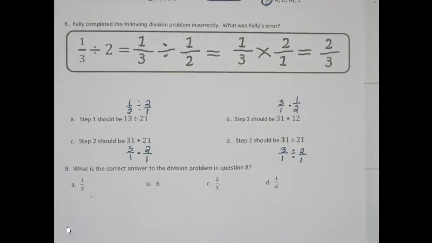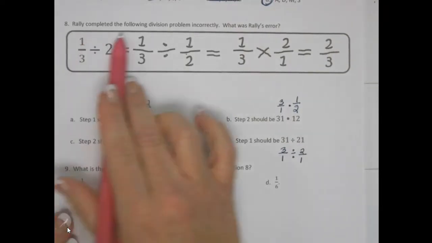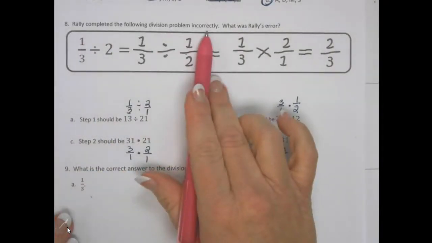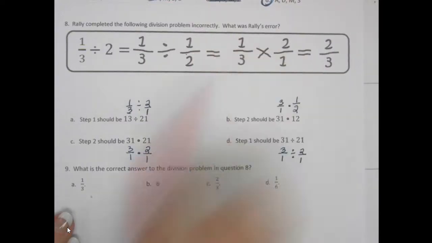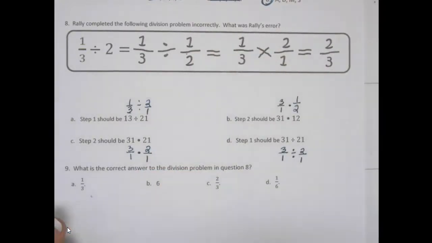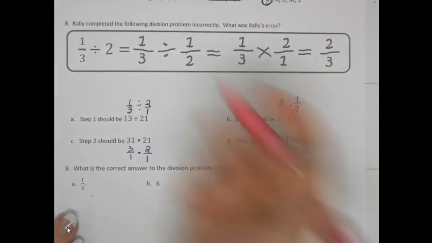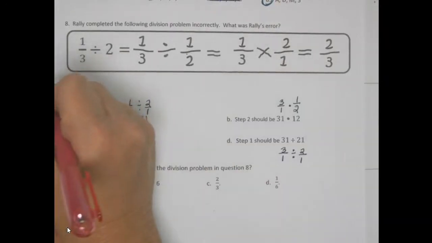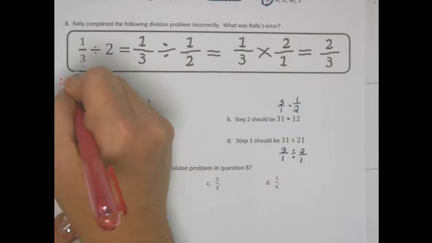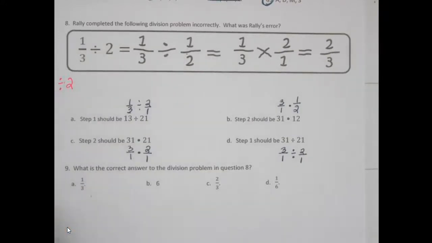Now let's go back and solve. Riley completed the following division problem incorrectly. What was Riley's error? So we're trying to determine where he made his mistake. 1/3 divided by 2. I'm just going to go ahead and solve this.